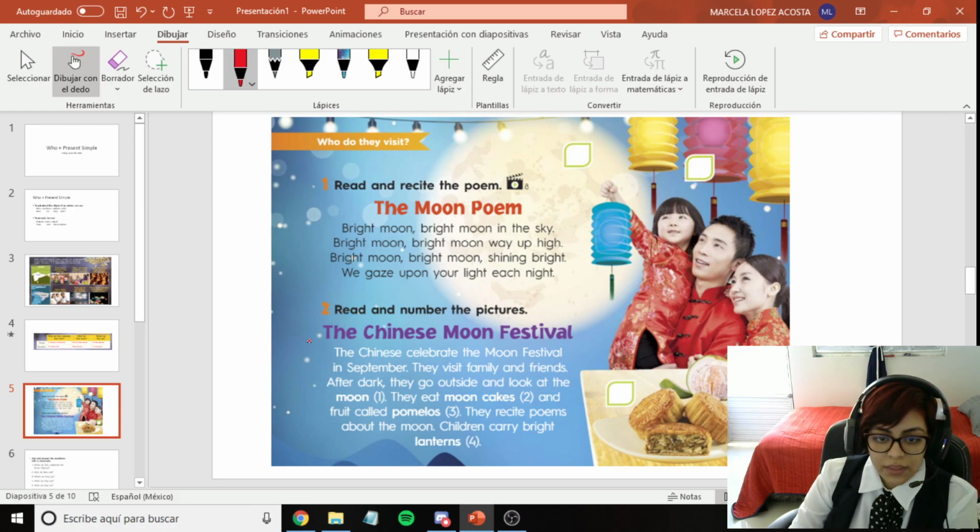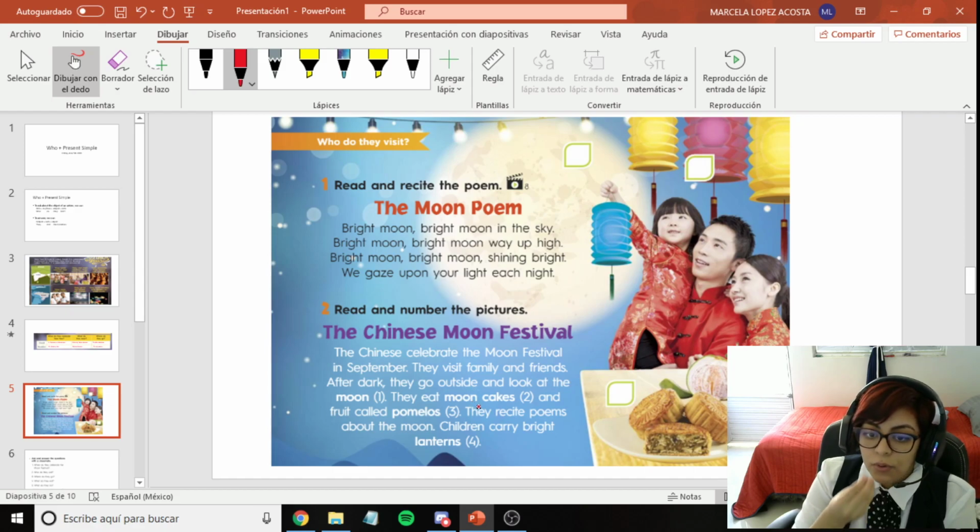We have to read this little paragraph about the Chinese Moon Festival. It says, the Chinese celebrate the Moon Festival in September. They celebrate it in September. They visit family and friends, and after dark, they go outside and look at the moon.